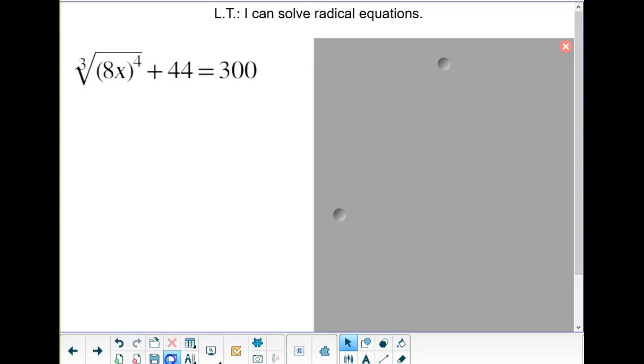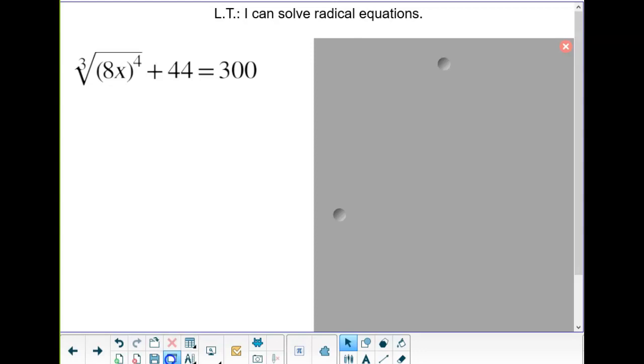This might be the one that really tricks kids. Because we have a radical, so we get a cube root, and we have a fourth power. So we're going to do something with properties of exponents that makes this just a little easier. But first, we have to isolate.